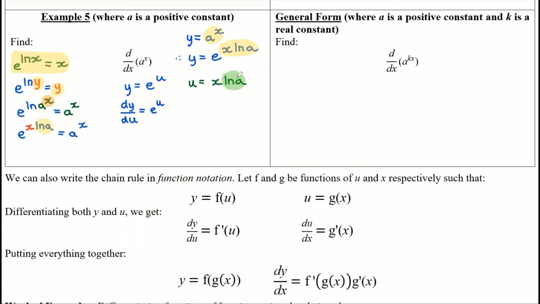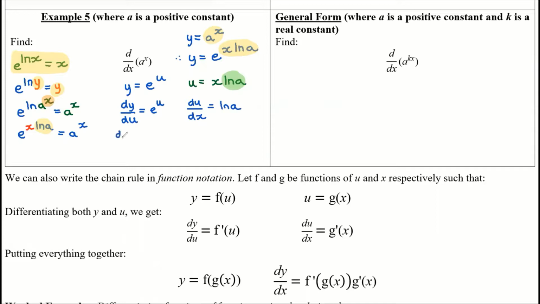So if we differentiate u with respect to x, which is what we've got to do here, we're going to be left with the natural log of a, because it is just a constant multiplying the x. And you know what happens when you differentiate a constant multiplying x? The x part goes.